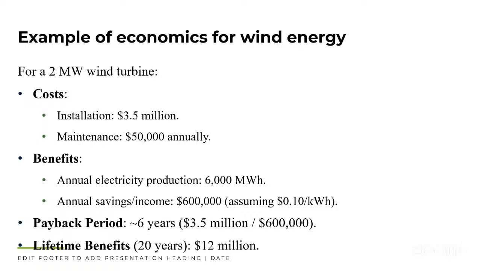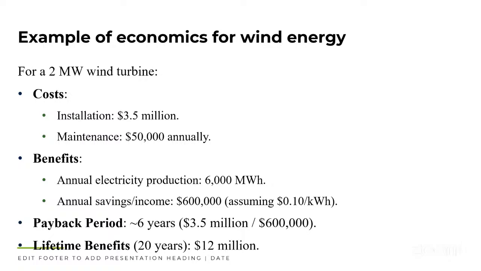If you look at wind energy, if you have a turbine of 2 megawatts, in terms of cost, that is approximately 3.5 million, including installation. In terms of maintenance, you need approximately $50,000 annually. But in terms of benefit, the annual electricity production is around 6,000 megawatt hours.